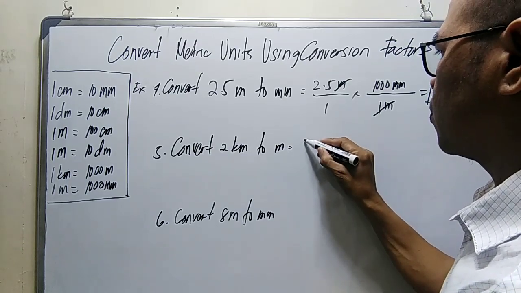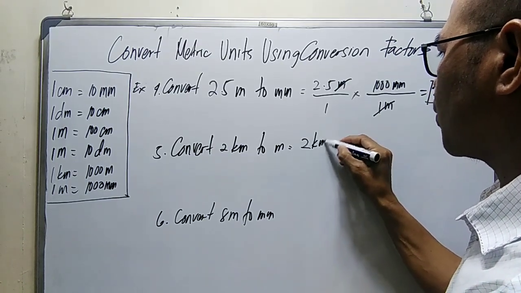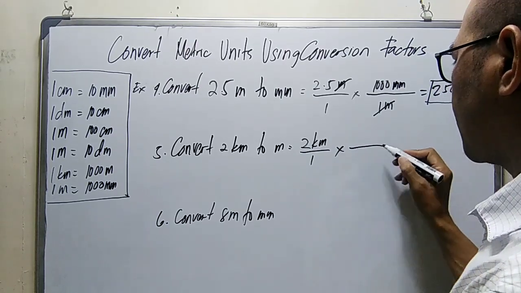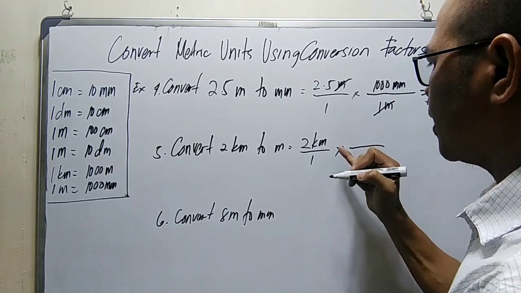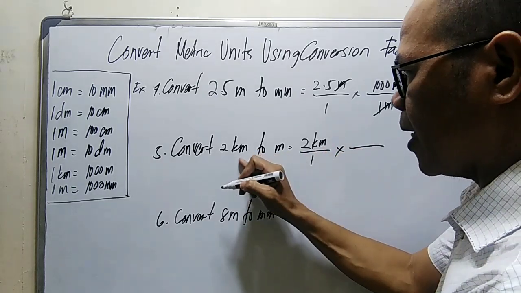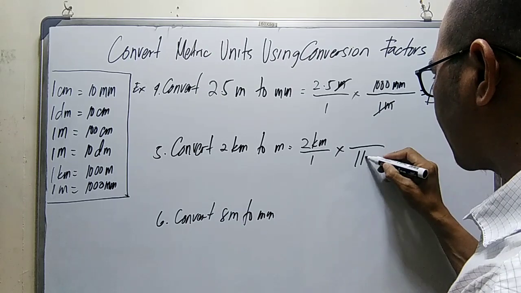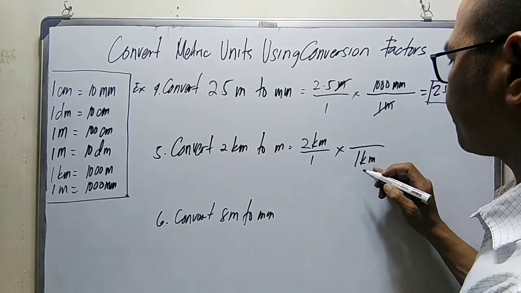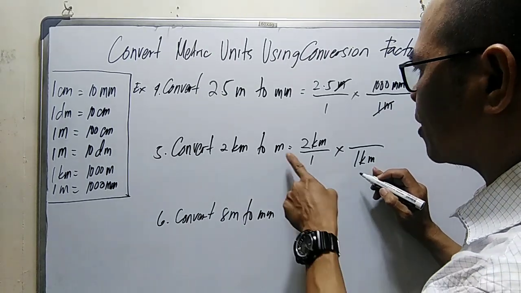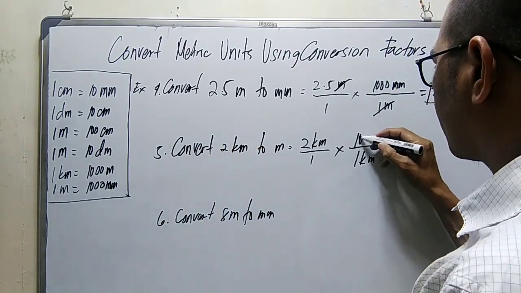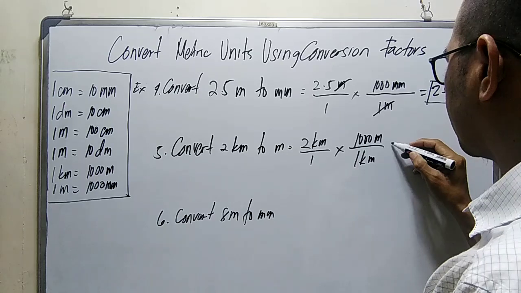So, kupihin natin yung 2 km, 2 kilometers over 1 times, ang denominator dapat the same units sa ating original na measurement. So, kilometer. So, 1 km ilagay natin dyan, 1 kilometer. That is equal to, ilang meters yan? 1,000 meters. Okay, 1,000 meters.